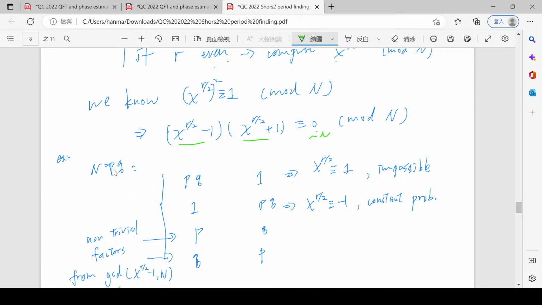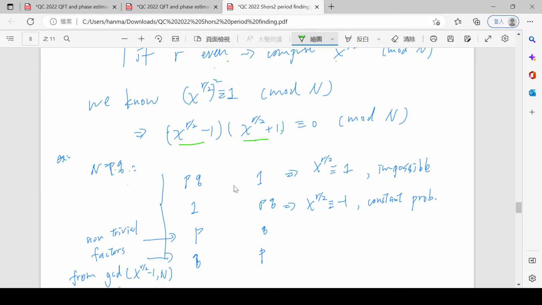And in particular, that means, how should I say, you can look at those two parts, and they should cover this p factor and the q factor. Okay. So you think about this part mod N and this part mod N.